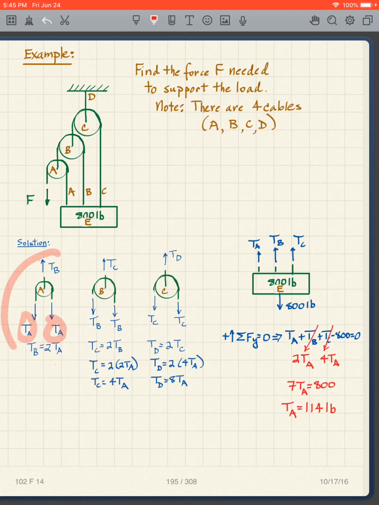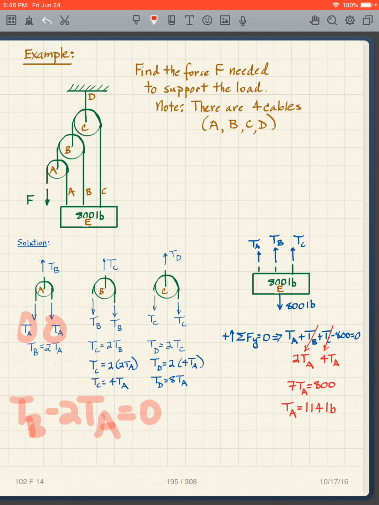So I look at this one, and what do I see? I take the sum of the forces in the y direction equals 0 here, which means that I have TB minus 2TA equals 0.